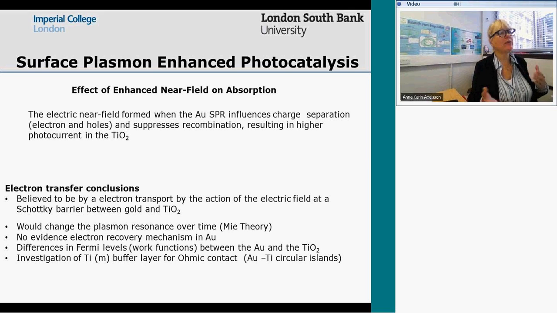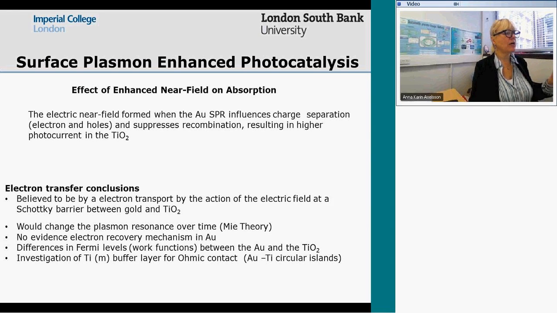That could have something to do with the increased photocurrent. But really, we couldn't still find any. It might be that this whole mechanism of increased photocurrent for gold on TiO2 for photocatalytic purposes is a combination of different mechanisms, but we have not yet found a mechanism that fits the bill.